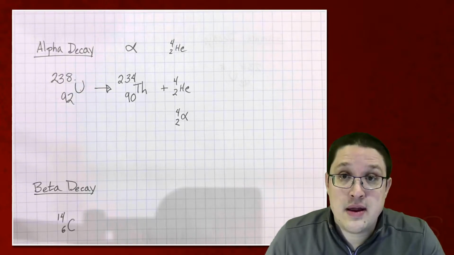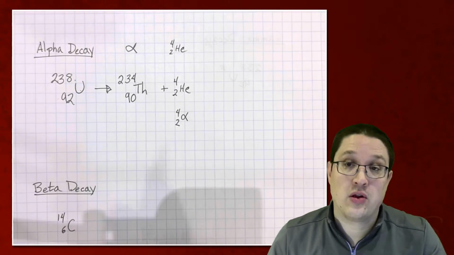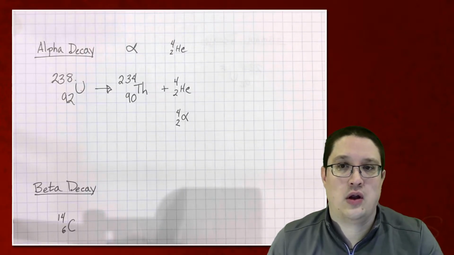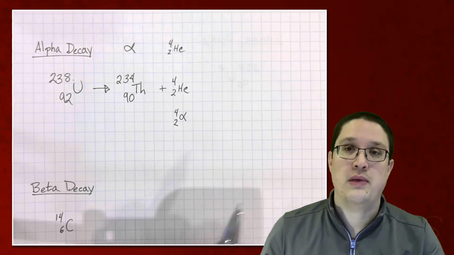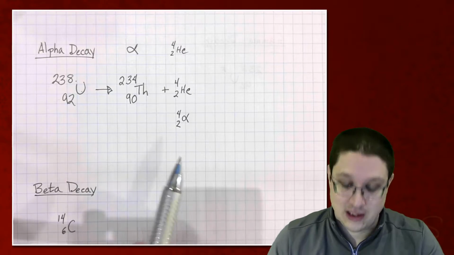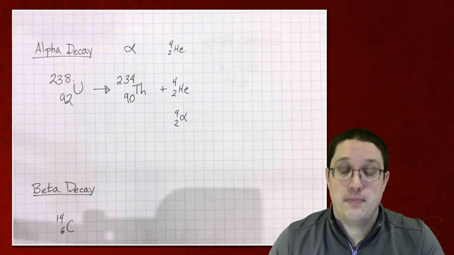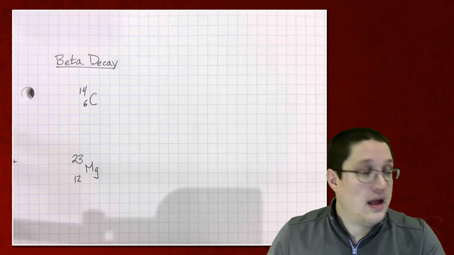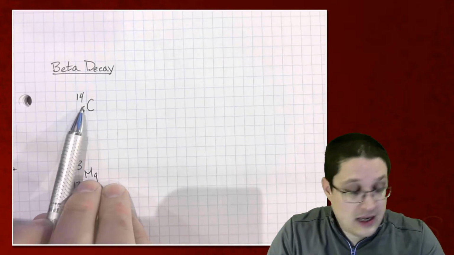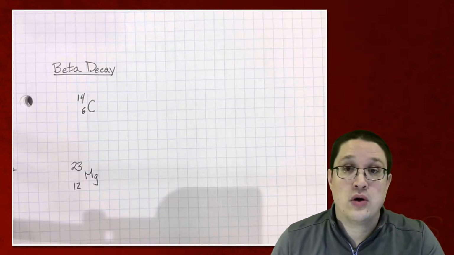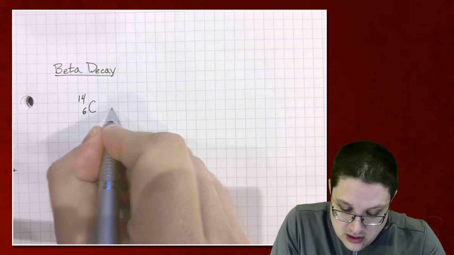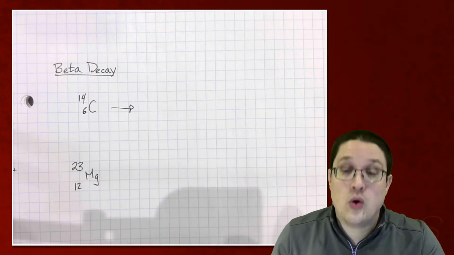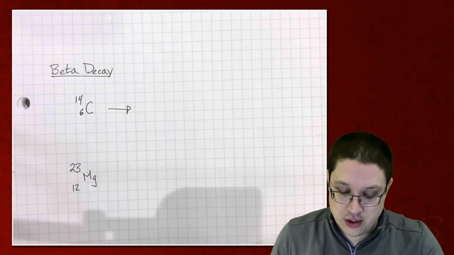Now, alpha decay, as I said, emits an alpha particle, which is a fairly large particle, relatively for nuclear physics, because it's 4 nucleons. Beta decay is a little different. So here I've got carbon-14. Carbon-14 can undergo a beta decay reaction.